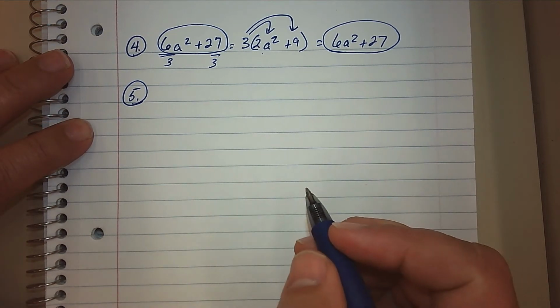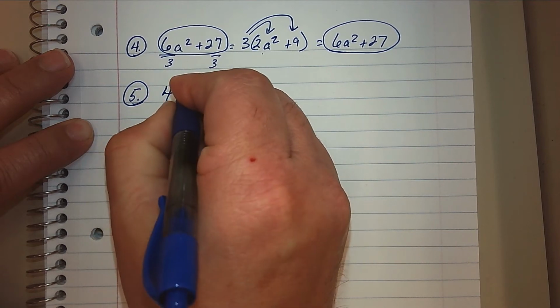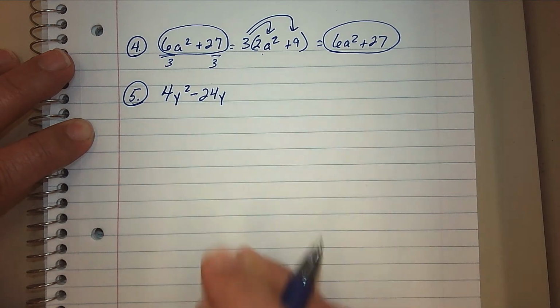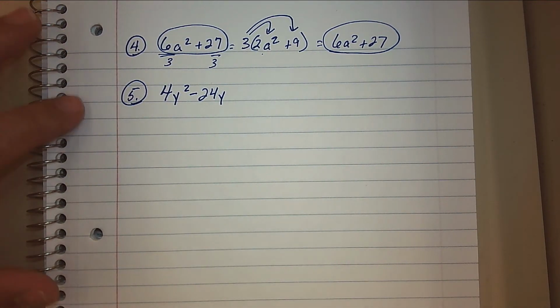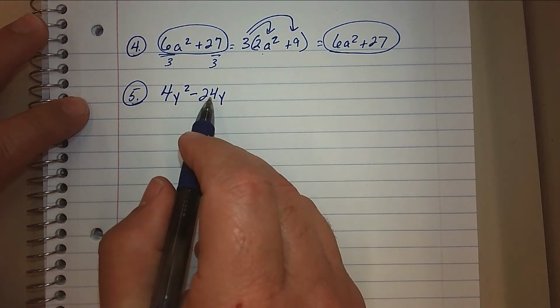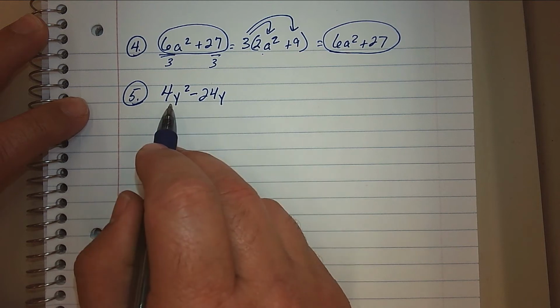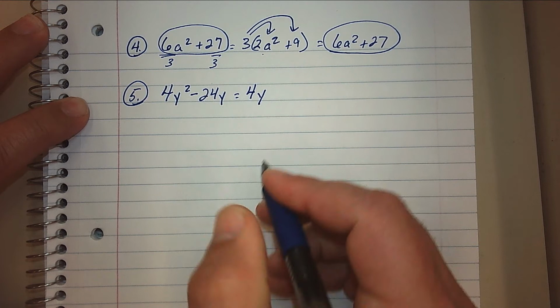Let's give you one to try on your own. Let's do 4y squared minus 24y. You might want to pause it, try this on your own for a moment. When I look at this, I see that 4 can go into both of these, and since they both have a y, that means that I can factor out 4y.